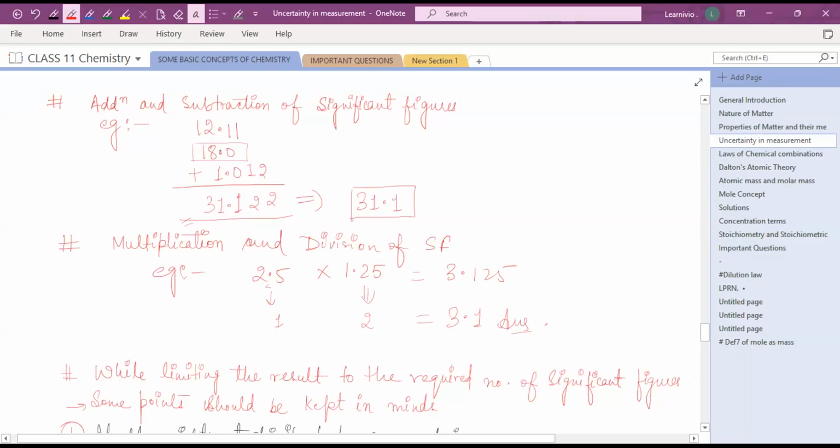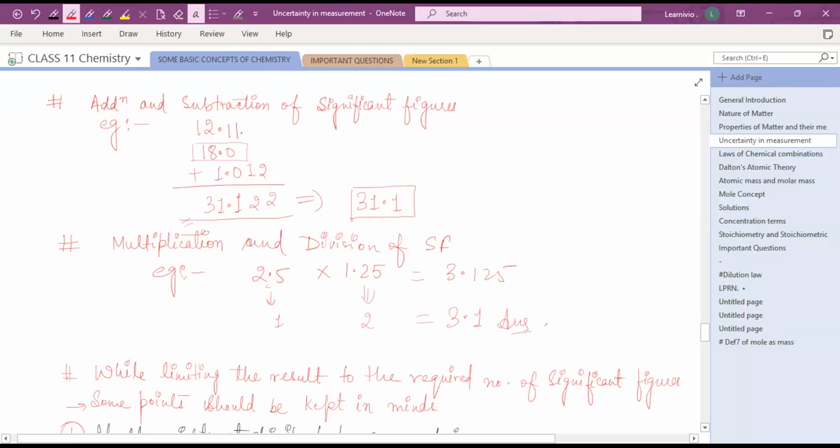So first you have to see which number has the minimum number of digits after the decimal, and consider that. In this question there are three numbers which you have to add: 12.11.